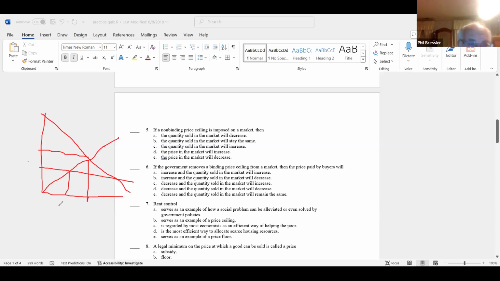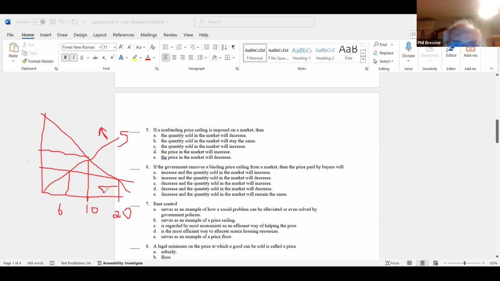Now I'm going to put some numbers here. Let's just put 5. Let's put 10. And let's make it 20. Okay. The quantity supplied is going to go up to the equilibrium. It's going to go from 5 to 10. The quantity supplied is going to increase. All right. Quantity demanded is also going to go to the equilibrium. It's going to go from 20 to 10, so it's going to decrease.